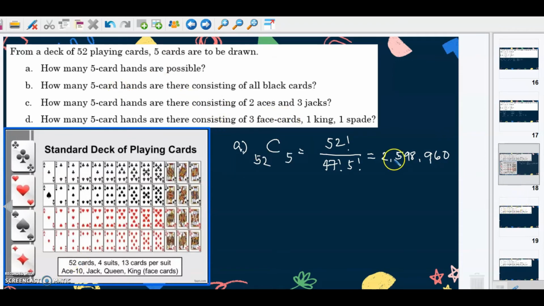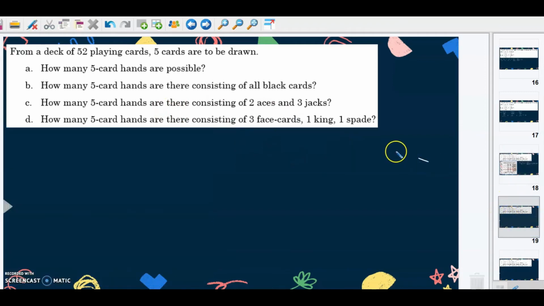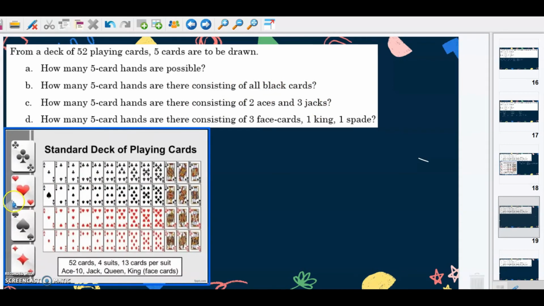Let us now answer letter B of this problem. The question is, how many 5-card hands are there consisting of all black cards? Again, the 52 playing cards are composed of 26 black cards and 26 red cards. So for letter B, we're just going to choose these 5 cards from the 26 black cards.